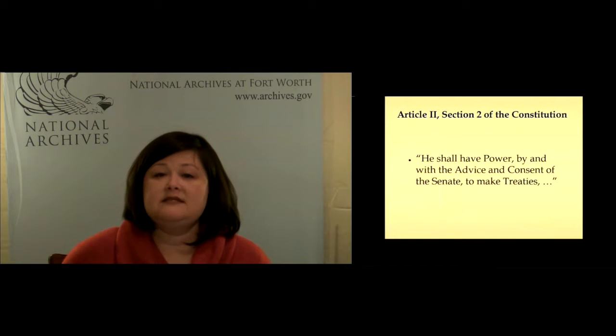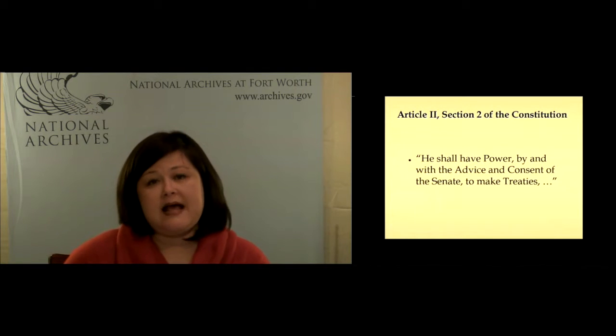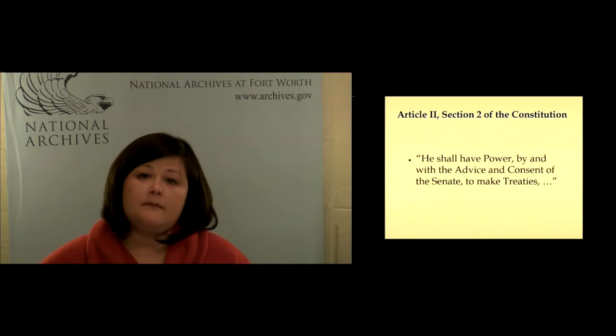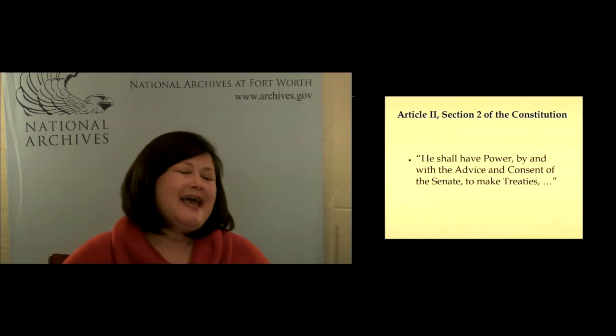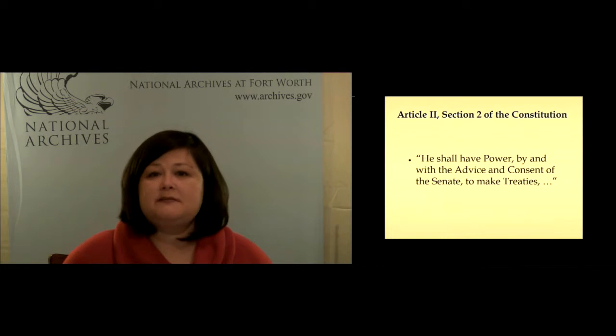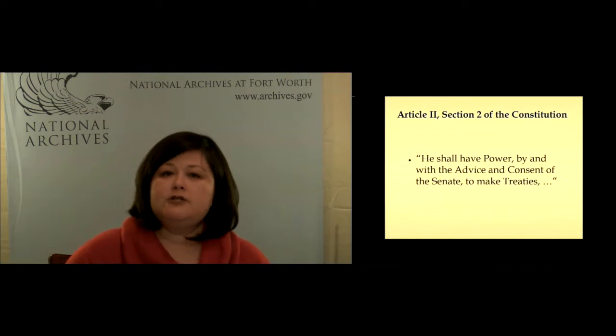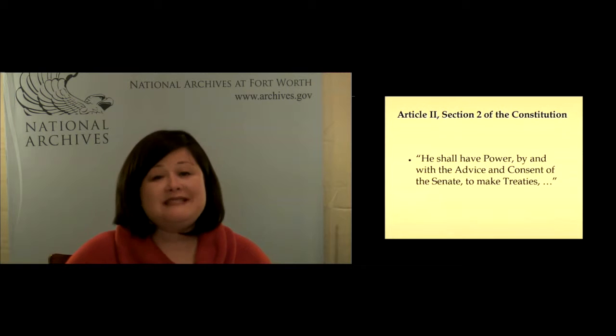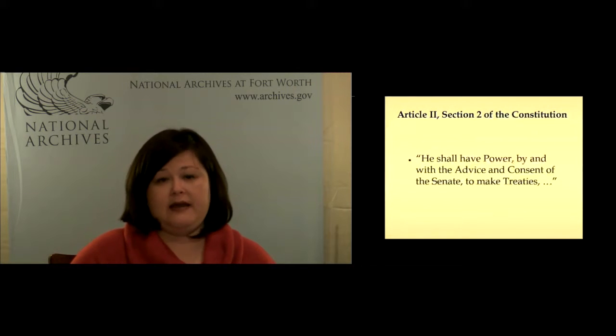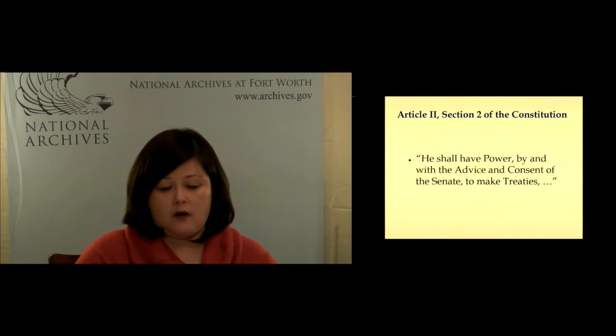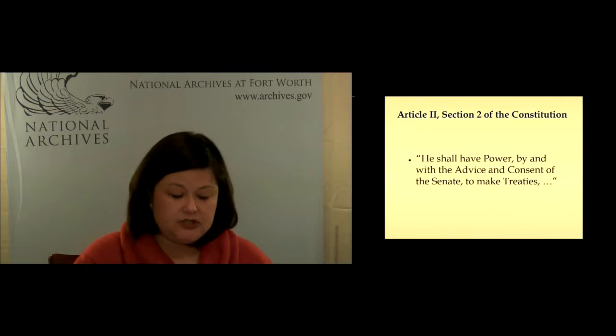So keep in mind that this is where our president has the ability to negotiate with other countries on behalf of the United States. And again, that checks and balances thing, in order for a treaty to become official, the Senate has to approve it. And so you can actually see that work of checks and balances in this clause of our Constitution in Article 2, Section 2.